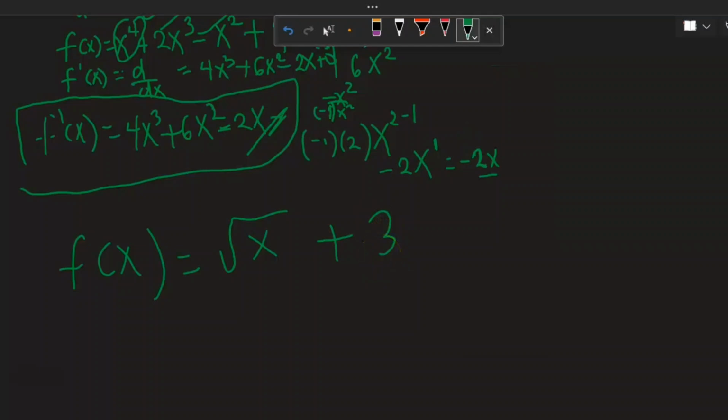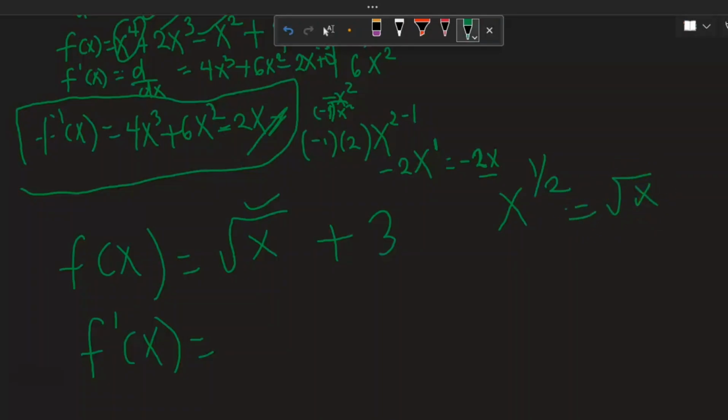Now let's solve this. Let's look for f prime of x. Now you may ask me, what is the meaning of this? This can simply be written as x raised to power 1 over 2. This is the same thing as this.